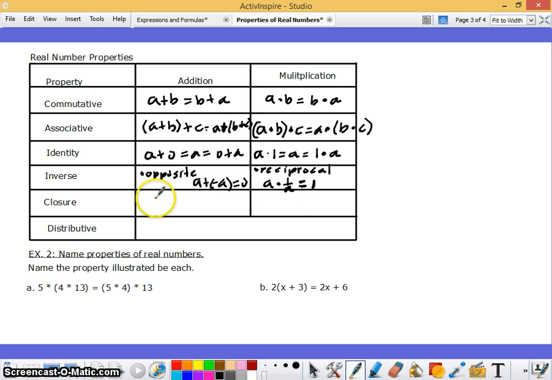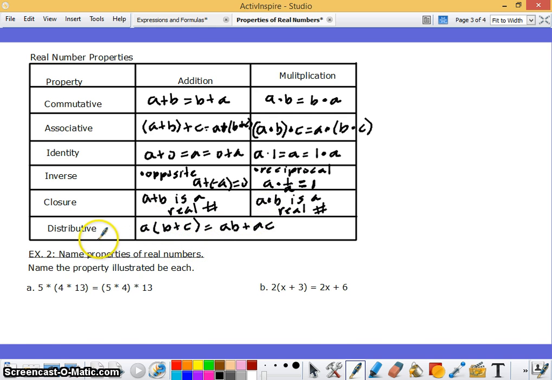Closure is that a plus b is a real number. A times b is a real number. Distributive, that's a times b plus c is equal to ab plus ac. Taking and multiplying a to both b and c.